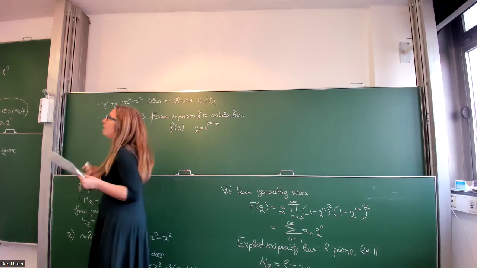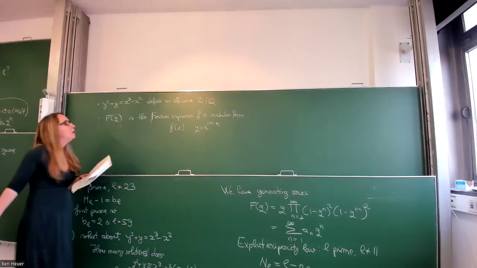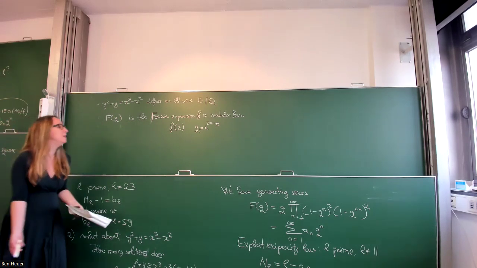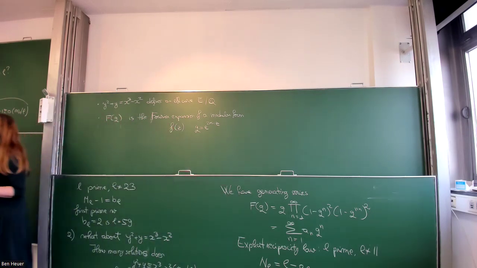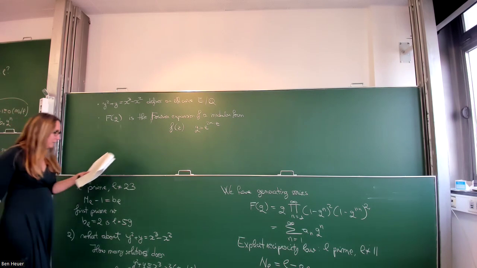So I claim there's some function on the upper half complex plane, I'll write a more precise definition in a bit, such that its Fourier series gives this expansion. And also, I guess this is also a modular form. It's just a modular form of a slightly different kind because it knows about polynomials in one variable rather than about these higher dimensional things.